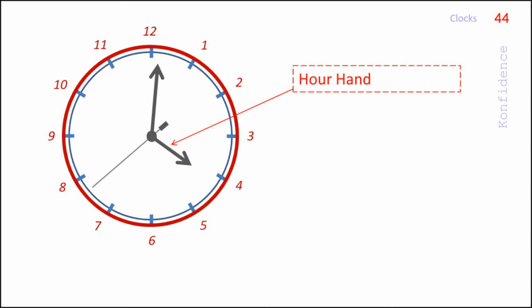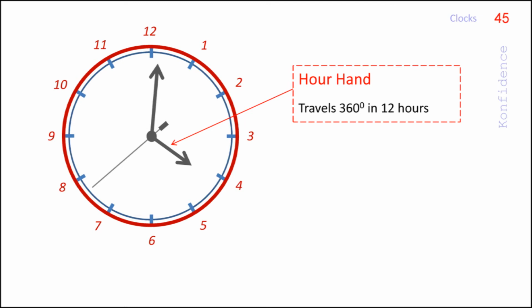There are inscriptions from 1 to 12 for time, and it takes the hour hand 12 long hours to get back to any specific point. This means that the time taken for the hour hand to travel 360 degrees is 12 hours.